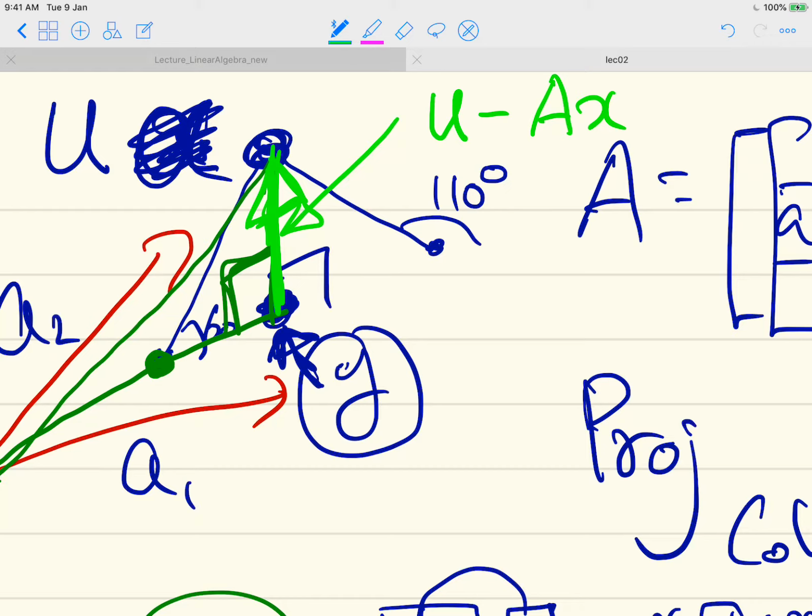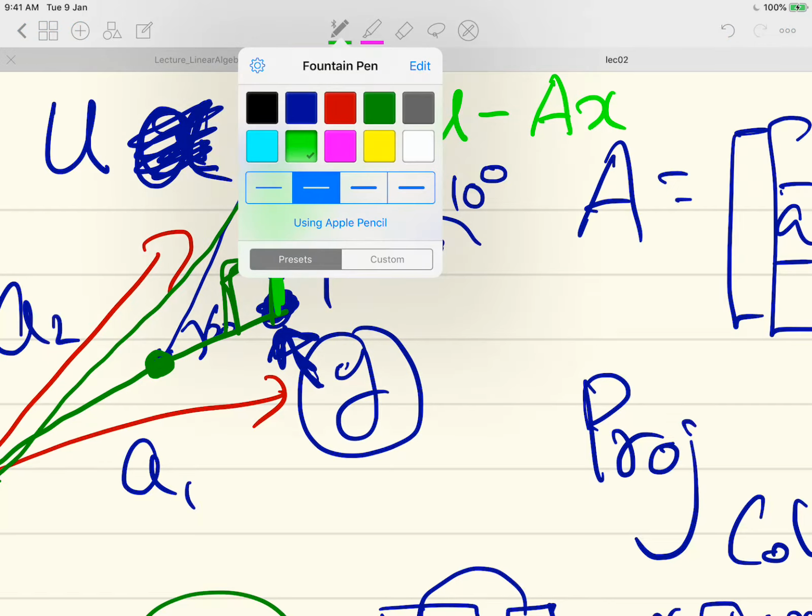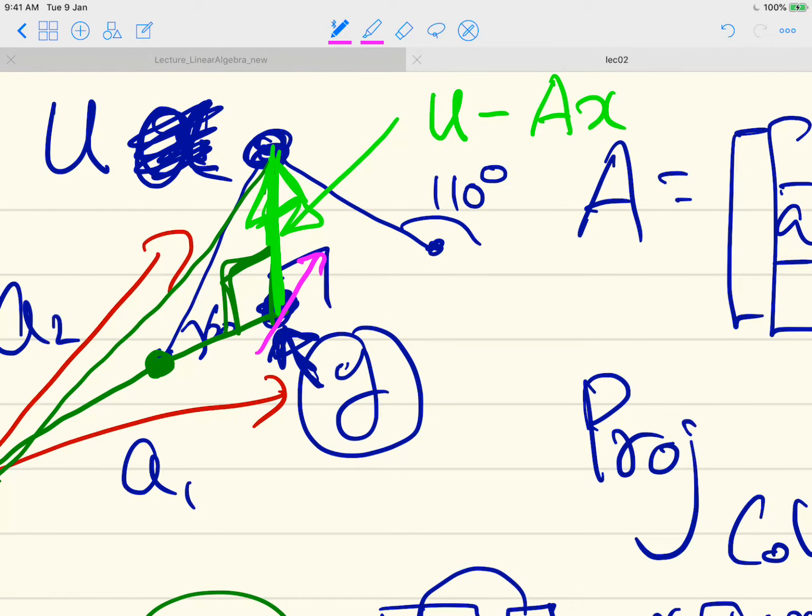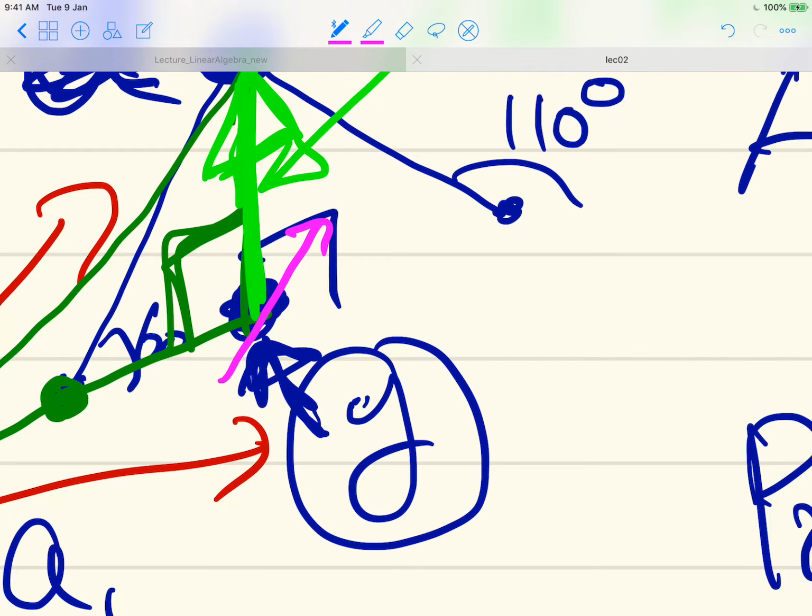So this is an arbitrary directional vector inside of this plane, and it should be orthogonal to it, and to any vector included in this plane.